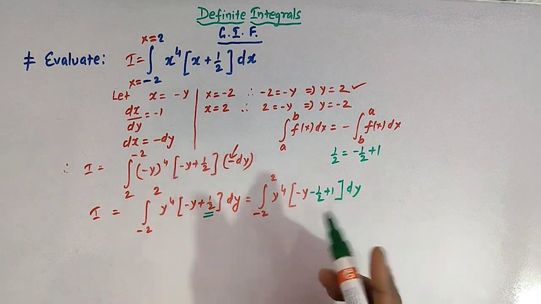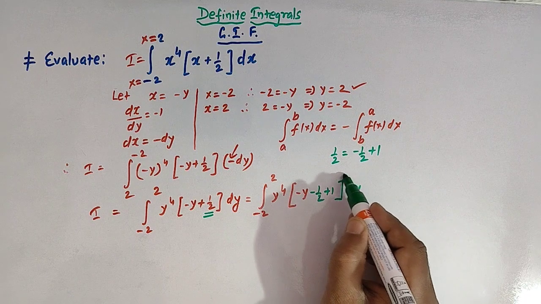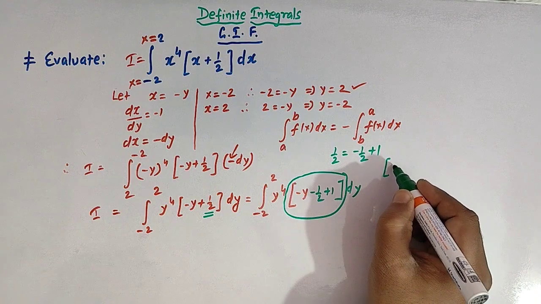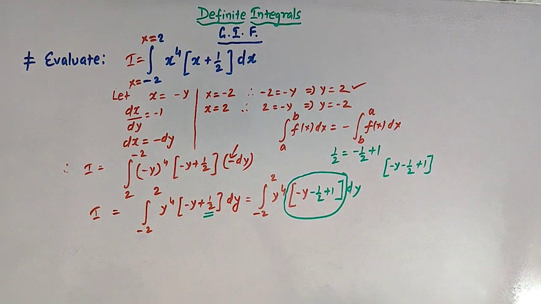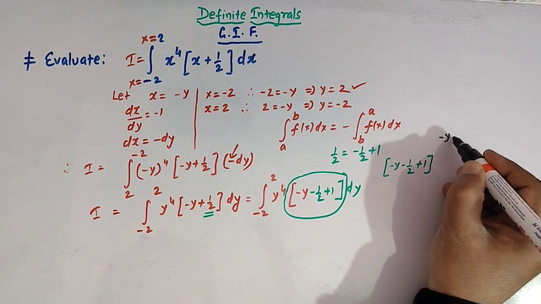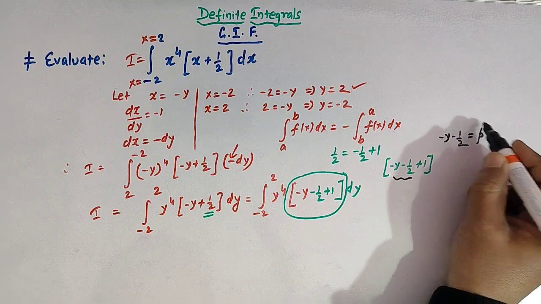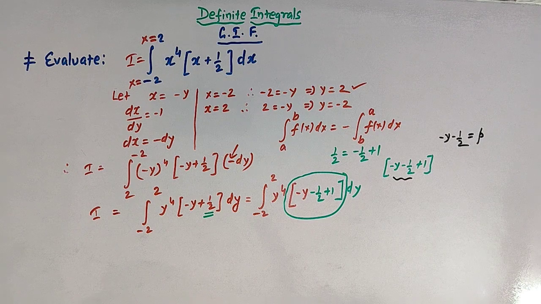Now let us apply the properties of the greatest integer function to this term. We now have minus y minus half and plus 1. Let us assume this term, minus y minus half, as p, just for the sake of simplicity and better understanding.